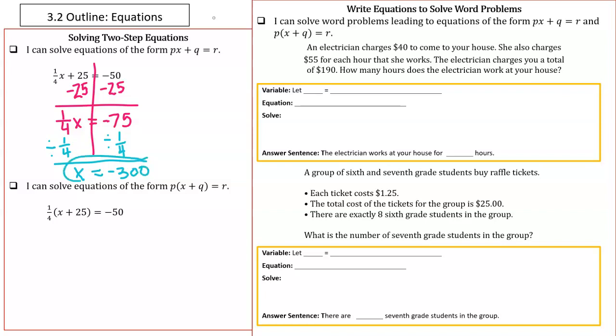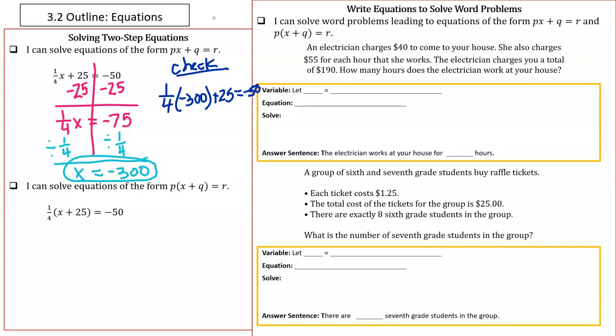I can check this answer by plugging it back in, seeing if it works when I do order of operations. So here's my check. I write the original equation, 1/4, I plug in negative 300 for x, and I see if that is equal to negative 50.